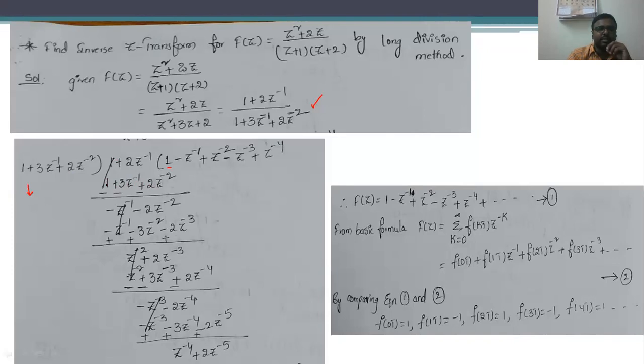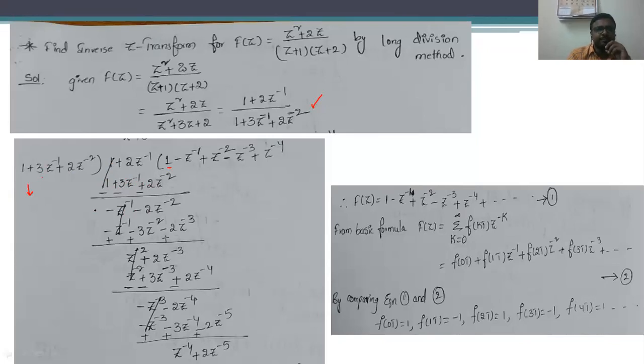Cancelling this particular term, then subtracting the values, we get minus z inverse minus 2z power minus 1. In order to cancel this particular z power minus 1, we have to multiply this expression by minus z power minus 1.